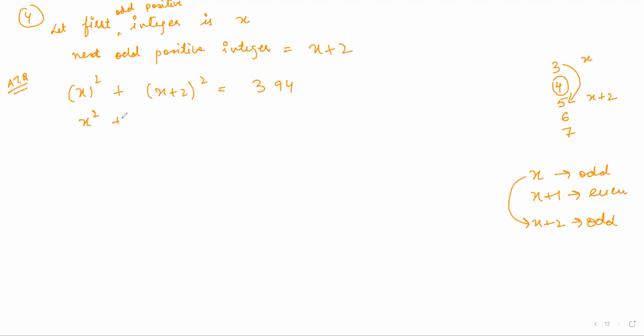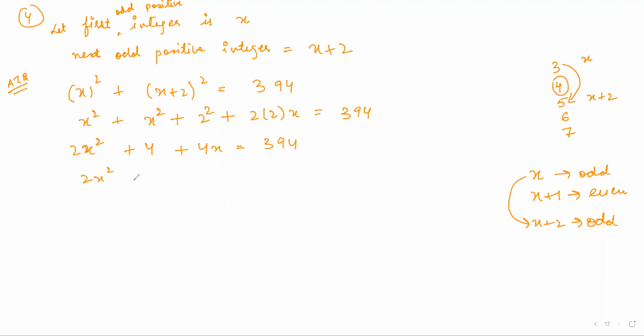Simple, solve it. Now this is (x plus 2) whole square, a plus b whole square. Please remember, this type of bracket, we always use the identity. So x square plus 2 square plus 2ab, so 2 into 2 into x, is equal to 394. So 2x square plus 4 plus 4x is equal to 394, right?